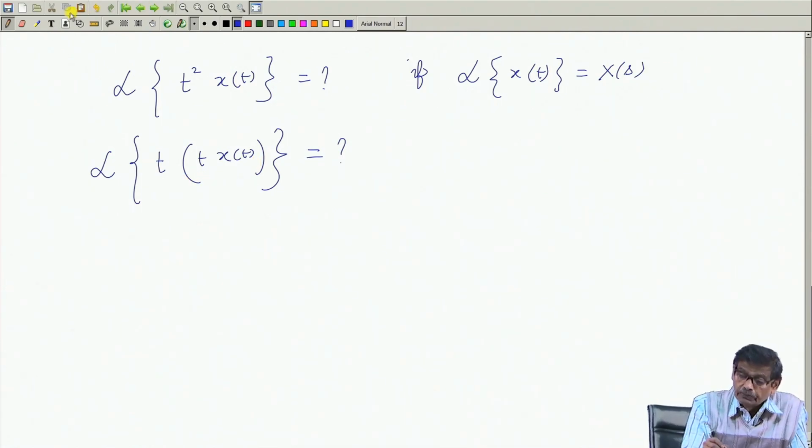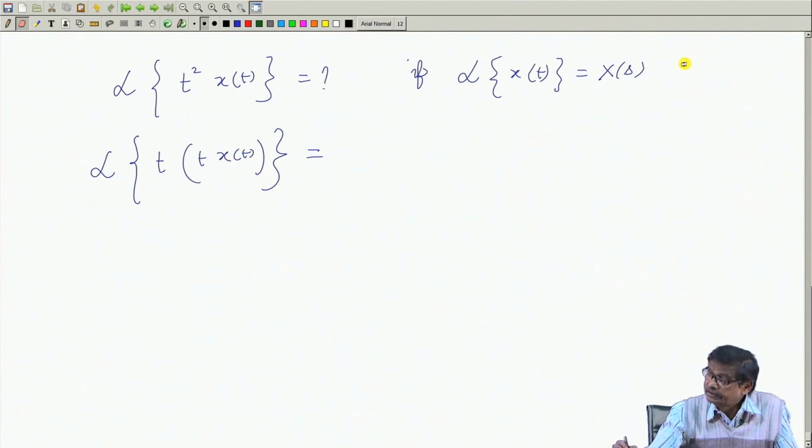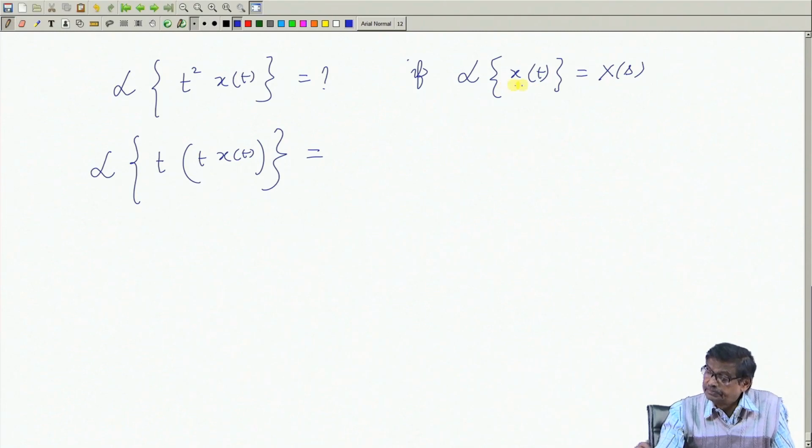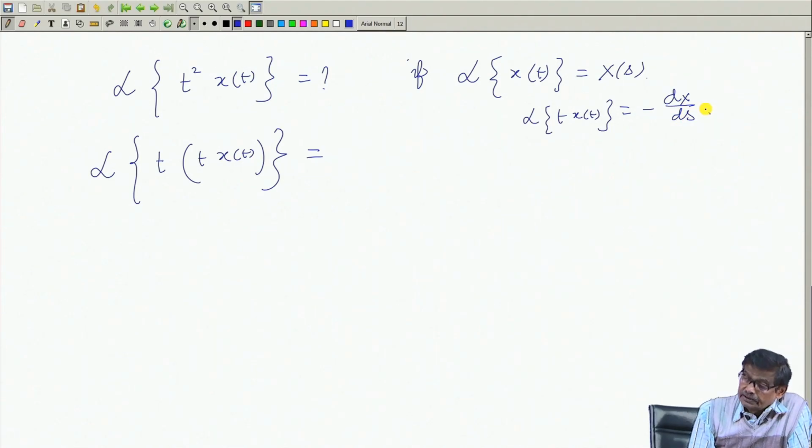We know from the previous result, what was the previous result? If this is this, then the Laplace transform of t x(t) is nothing but minus dX/ds.